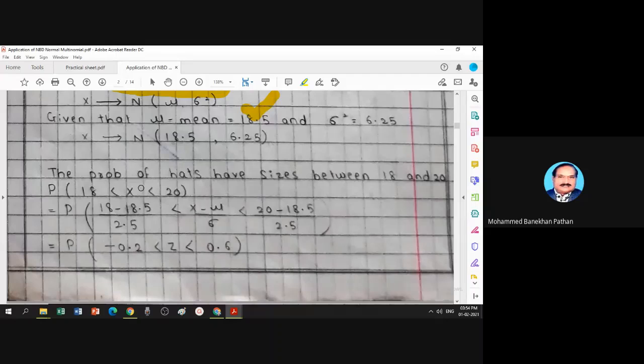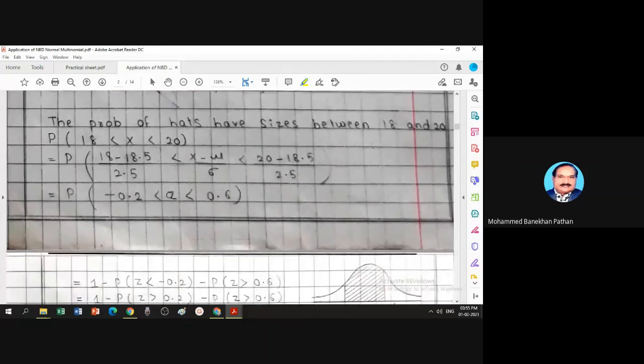What do we want? We want the probability that hats have sizes between 18 and 20. So firstly, we'll decide the chance that variable X lies between these two numbers. And after getting the chance, we multiply by the given sample to get the number of hats in this range. Recall your question 1, question 2.